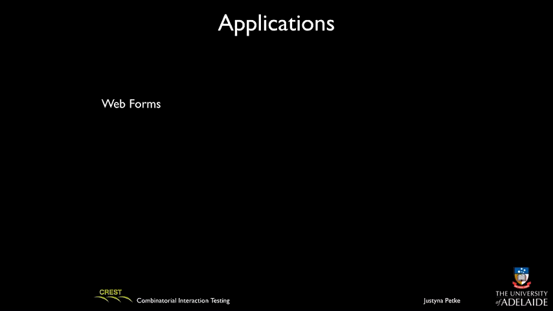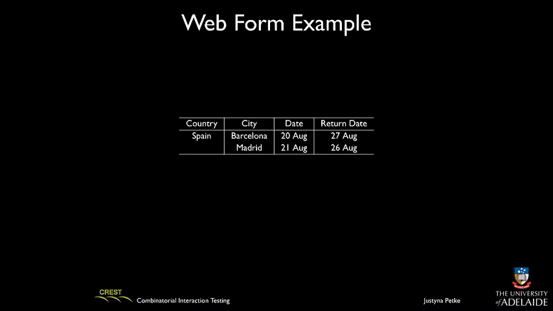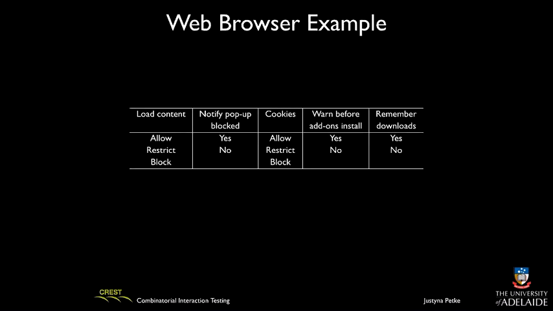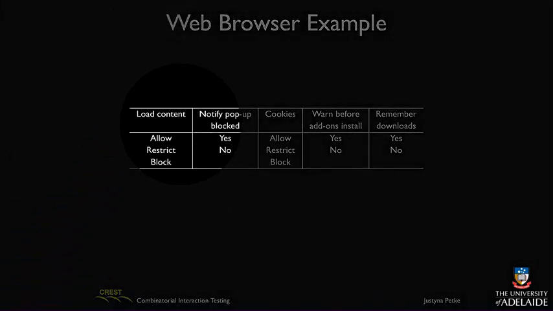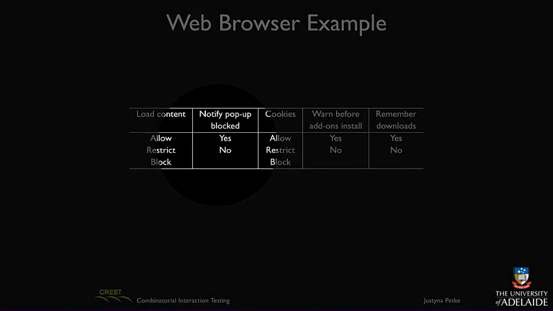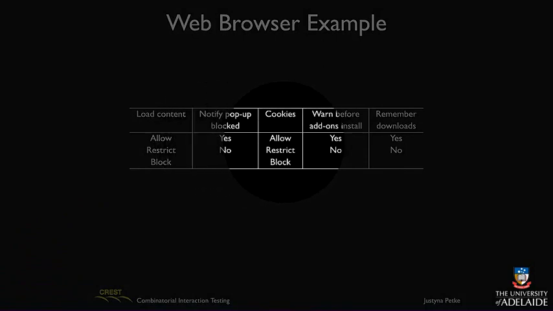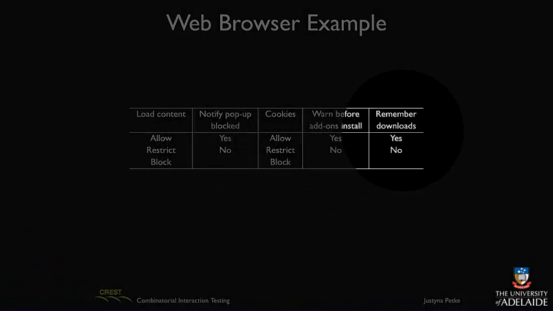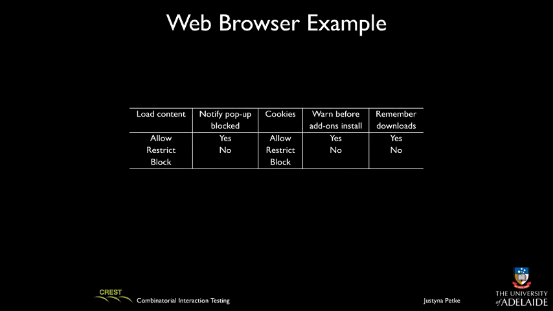Where does this have applications? We had this motivating example of a web form, some online service where we book a holiday maybe. For web browsers in general, say we can load certain content, be notified or not notified about a blocked pop-up, have cookies, warn about add-on installations, remember downloads, and there are lots and lots more behaviors of the system.